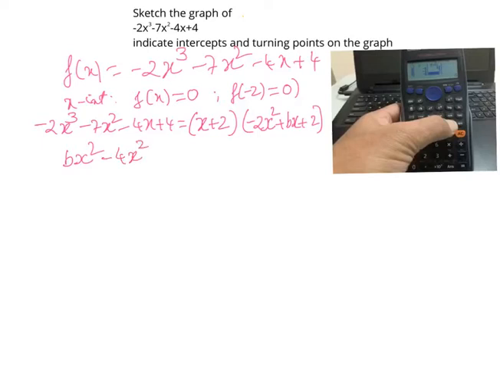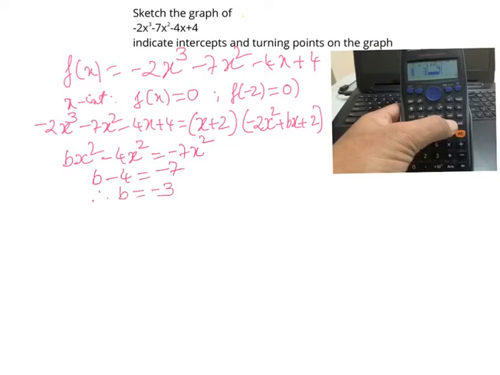Now I compare this with the original function. It is bx squared minus 4x squared that gives me negative 7x squared. So I can ignore the x squared, and then I equate the coefficients. B minus 4 is equal to negative 7. Therefore, B is negative 3.